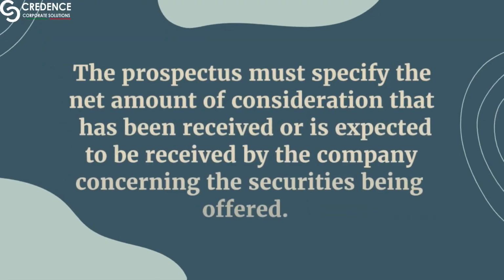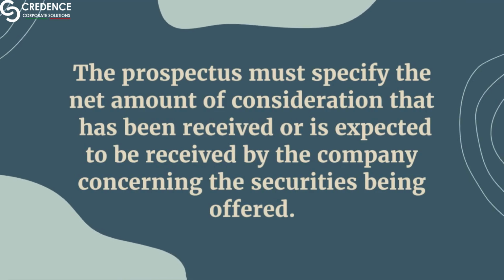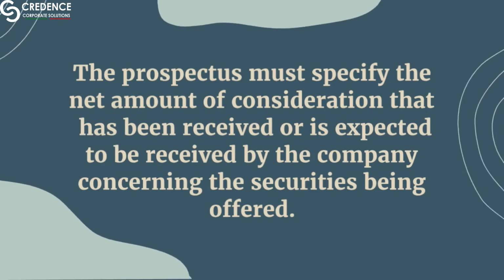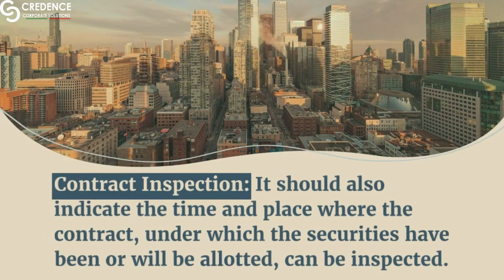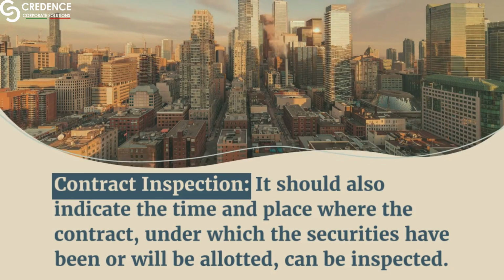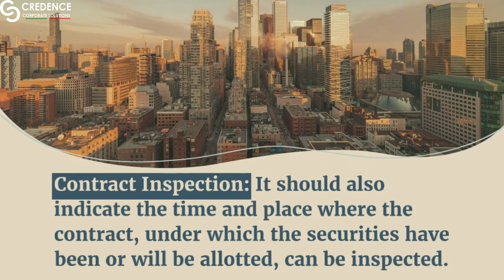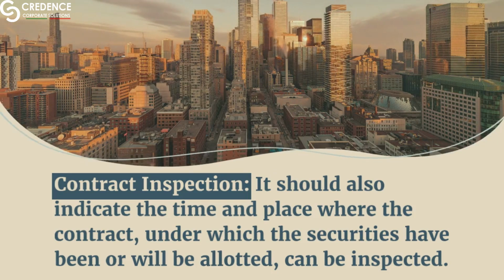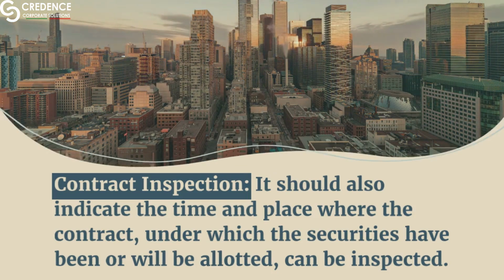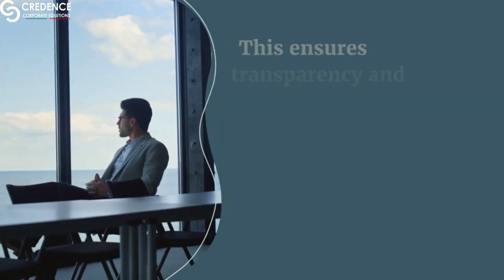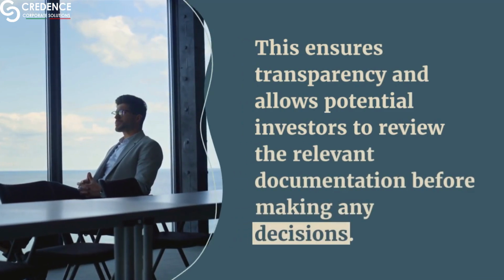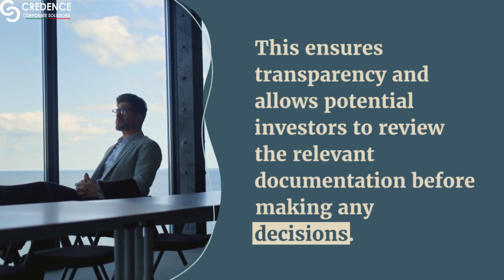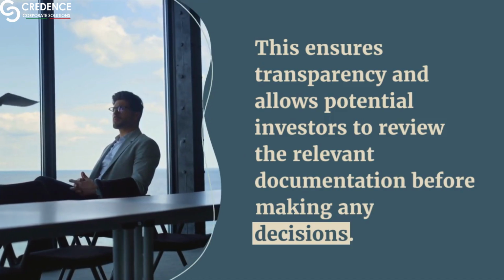The prospectus must specify the net amount of consideration that has been received or is expected to be received by the company concerning the securities being offered. Contract inspection. It should also indicate the time and place where the contract, under which the securities have been or will be allotted, can be inspected. This ensures transparency and allows potential investors to review the relevant documentation before making any decisions.